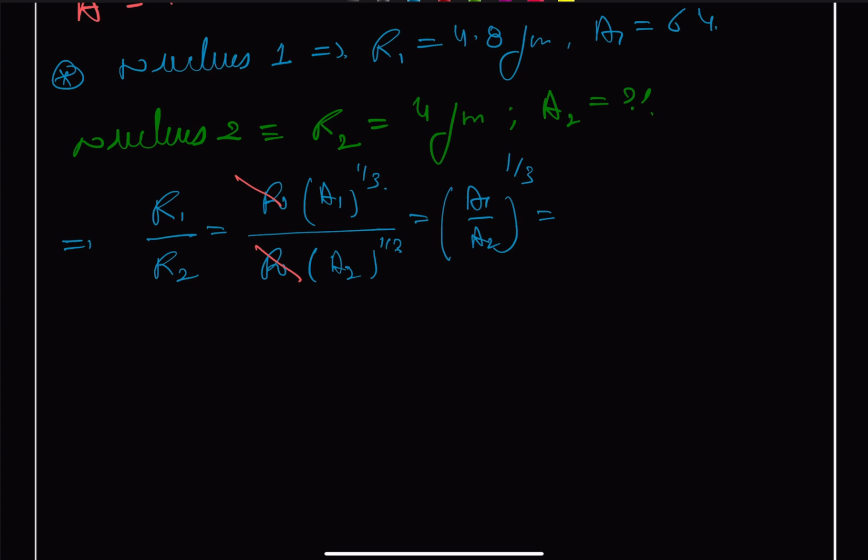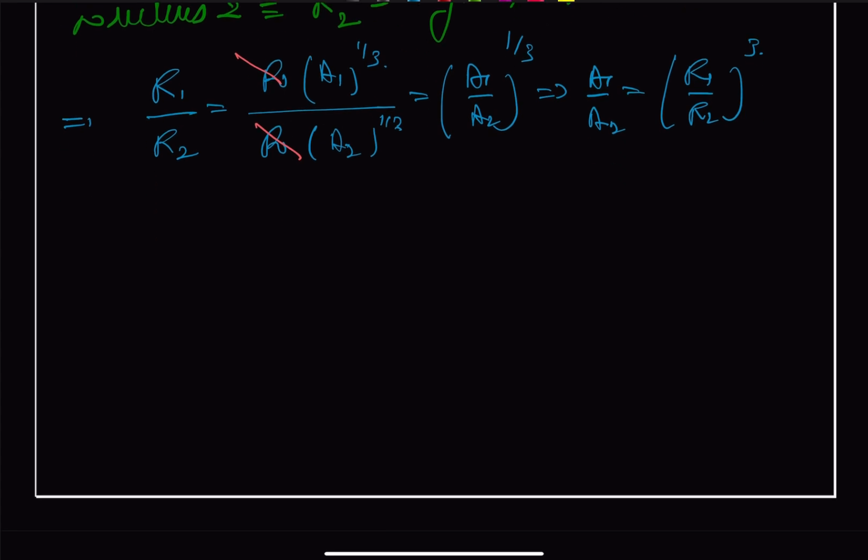And we are supposed to find out A2, therefore from here we can write that A1 upon A2 is equal to r1 upon r2 whole cube.